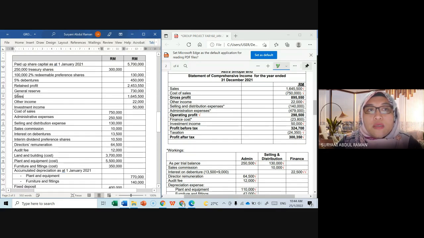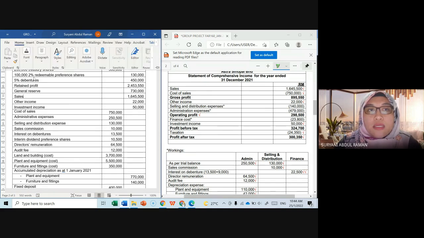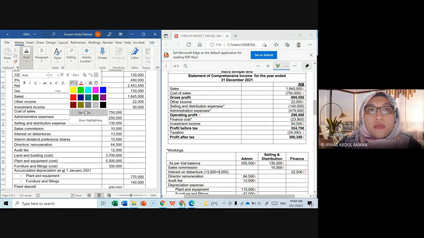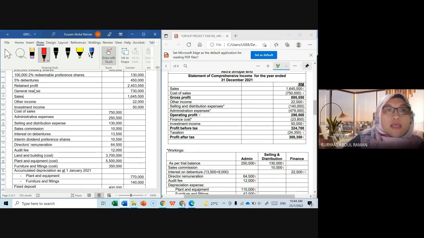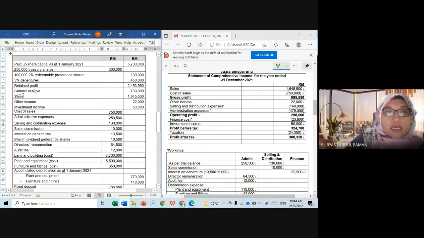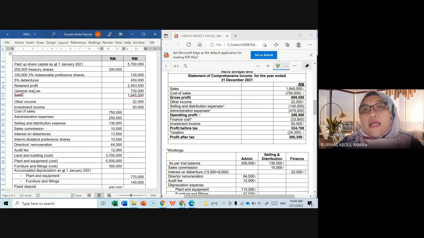Sorry, why does this part keep showing up? Or stop highlighting, I'm using draw. Okay, if you have finished, just cancel it. Like this, we have finished, so I just cancel it. Right.